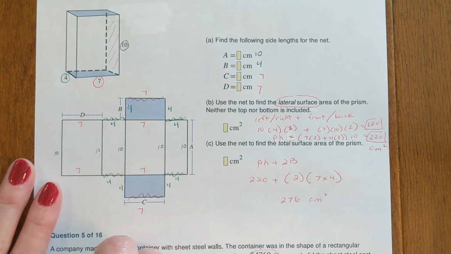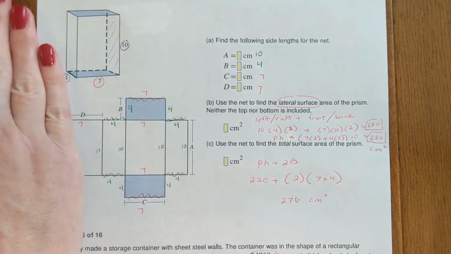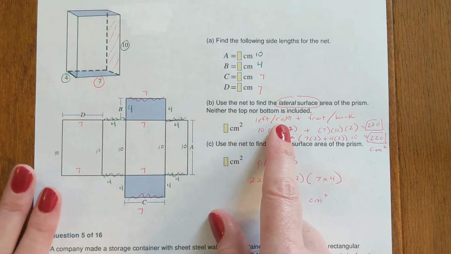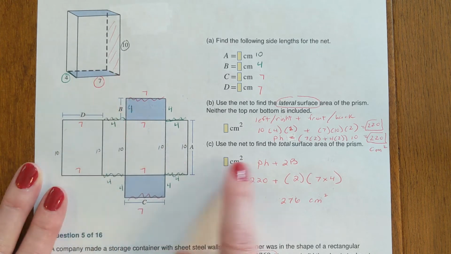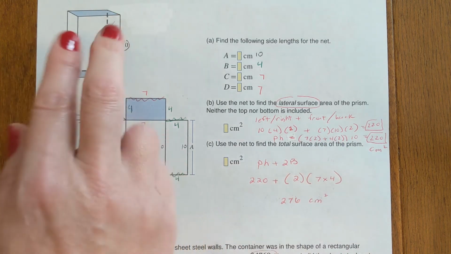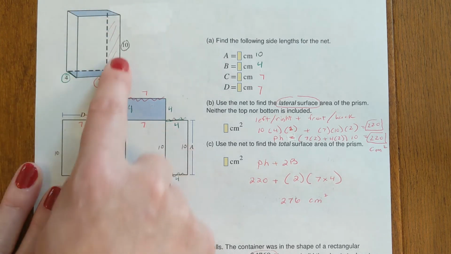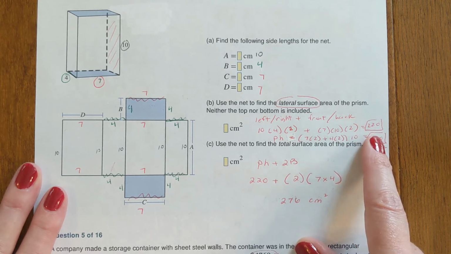So the lateral surface area would be the left and the right side of the box and the front and the back. So the left and the right side of the box are 10 by 4. And then the front and the back of it, the front is 7 by 10 for the front rectangle, and again, the back's equal to it. That's why it's times 2, which gives you 220.